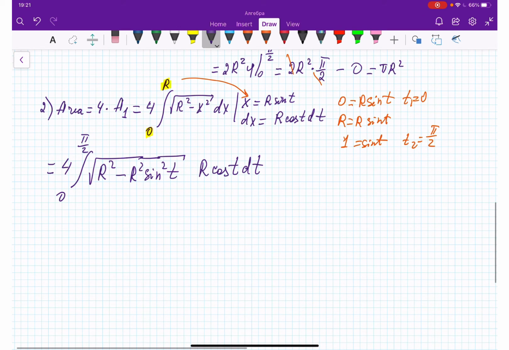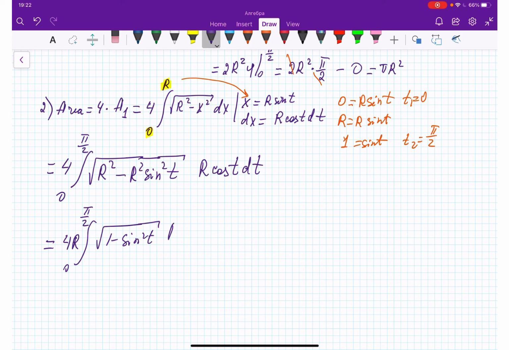This is going to be equal 4 from 0 to half a pi. So the r squared is a common factor, it comes out, and because it has nothing to do with t, by which we are doing integration, so r will come out. And we have underneath 1 minus sine squared t, and then r cosine t.